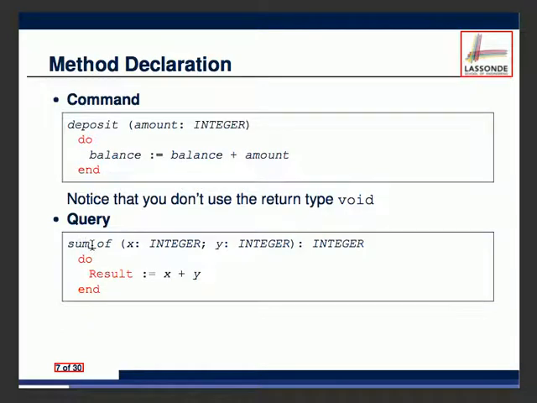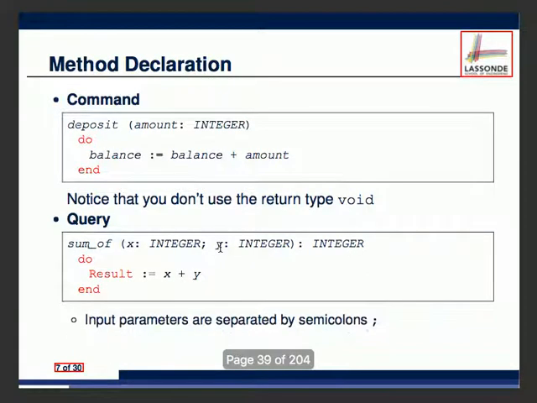Just by looking at the declaration or the signature of these two things, I can tell this is actually a query and this is actually a command. Why? Because you can see that I have colon integer, which means it returns an integer, the return type. Again, we don't put the return type before, like in Java; we do it afterwards. And if you have more than one parameter, you can just separate them by semicolon.